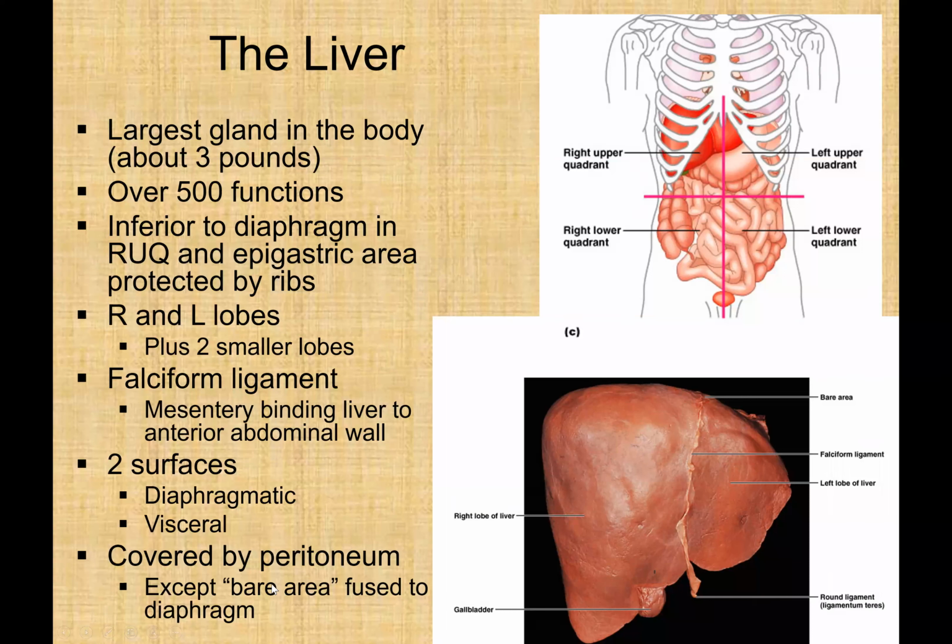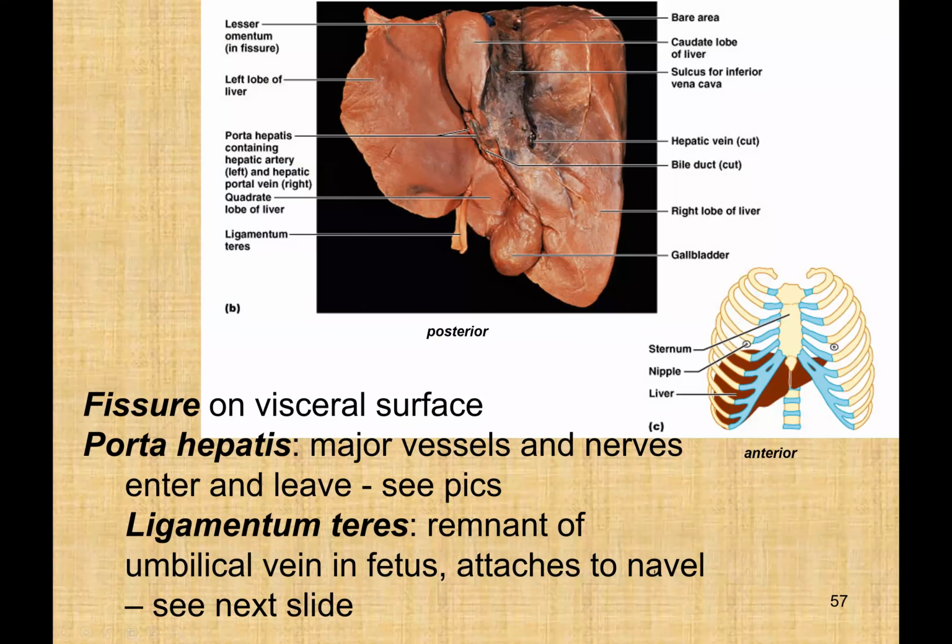The liver is actually covered in peritoneum, except the aspect that is connected to the diaphragm. Now, within the liver, we should talk about the portal hepatis, where major vessels and nerves enter and leave the liver. So this is the portal hepatis.